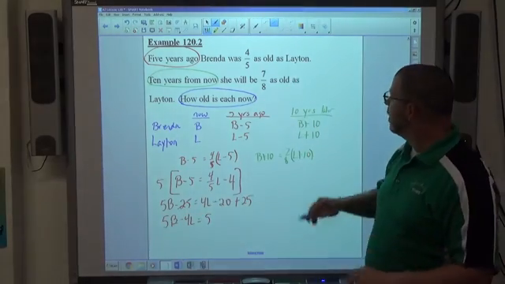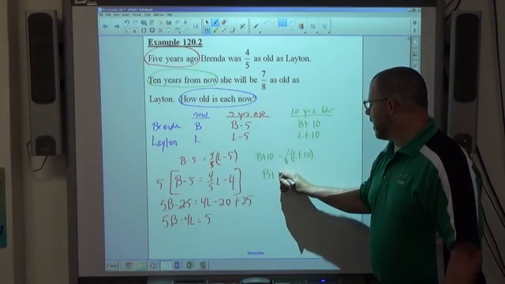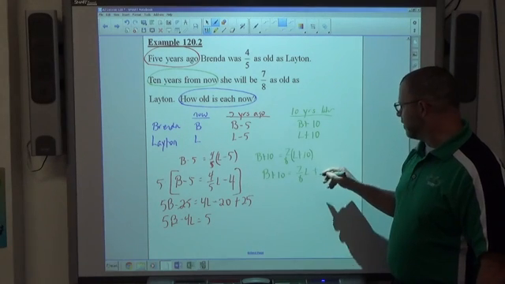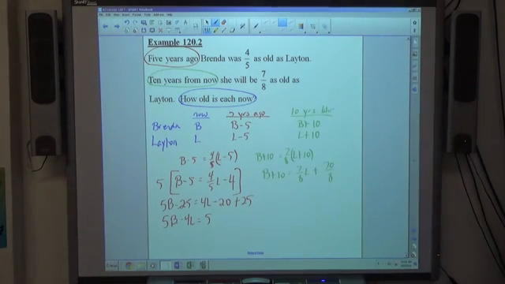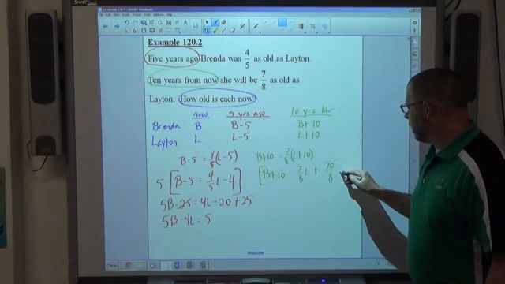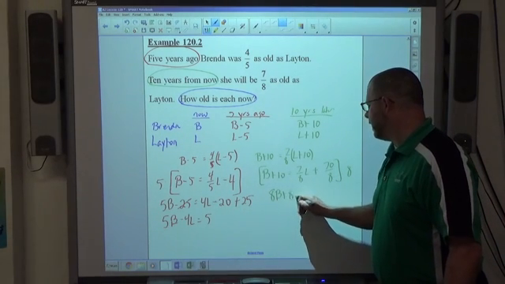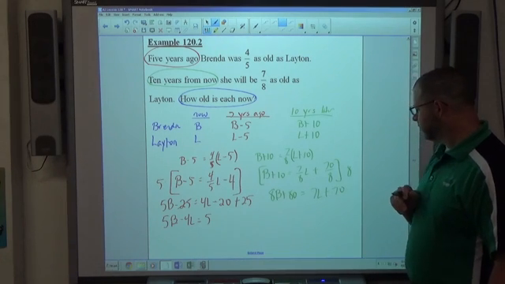5B is positive. For the green equation, if I multiply the 7/8 there, I'm going to get B plus 10 equals 7/8 L plus, and that'll be 70/8. It reduces to 35/4, but the common denominator is still 8, so it doesn't matter if you reduce it. Multiply the entire equation times 8 to get rid of the fractions. I'm going to get 8B plus 80 equals 7L plus 70.